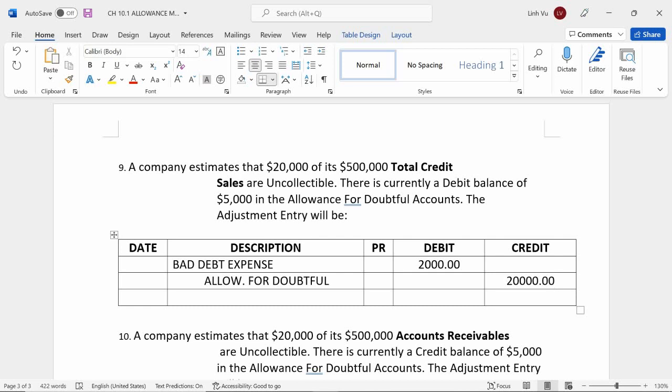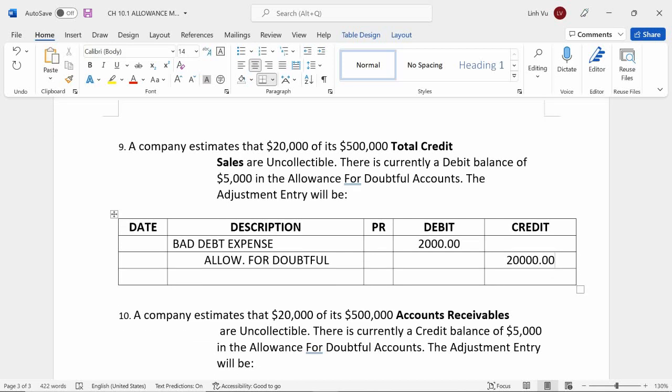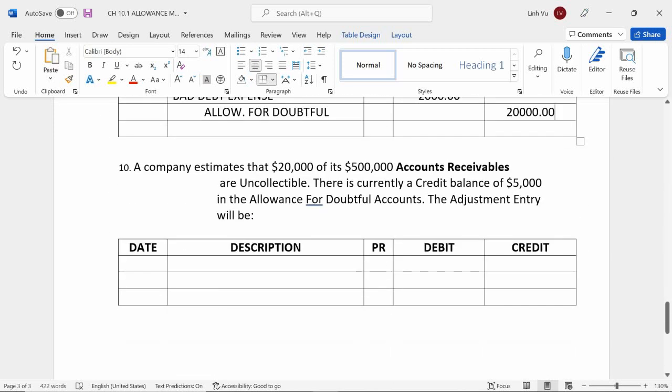Okay? So here's the difference. This one says total credit sales, right? Let's see what the next one says. If a company estimates that 20,000 of a 500,000 accounts receivable are to be uncollectible, and now there's a current balance of a credit balance of $5,000 in the allowance for doubtful accounts.